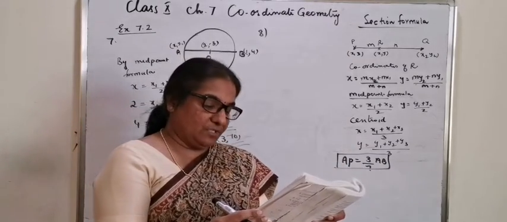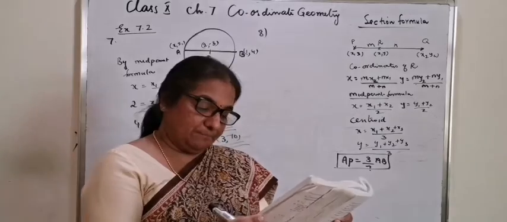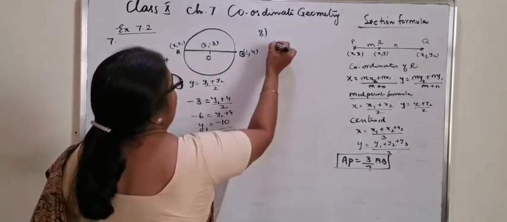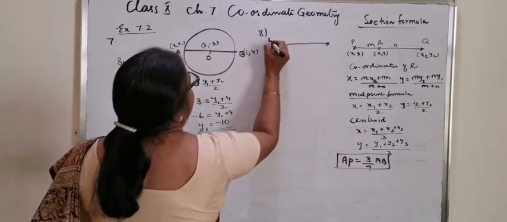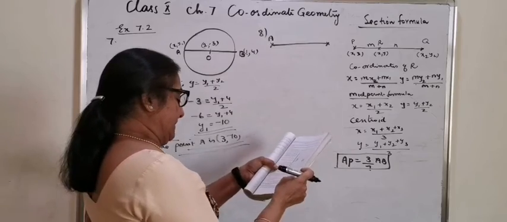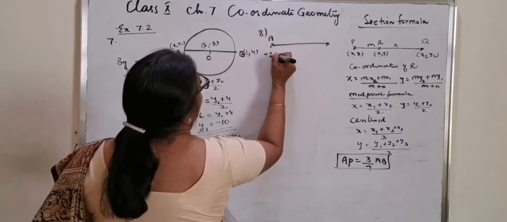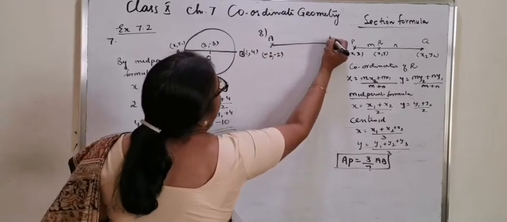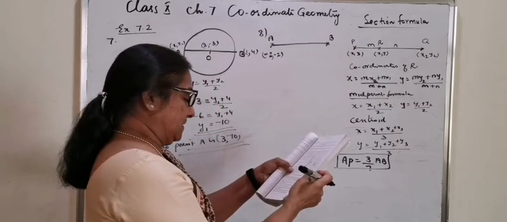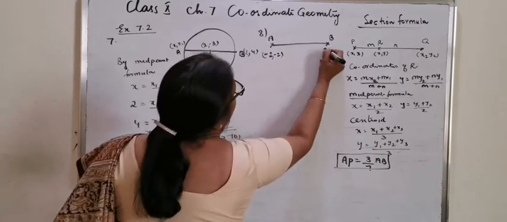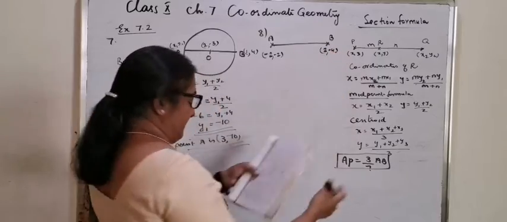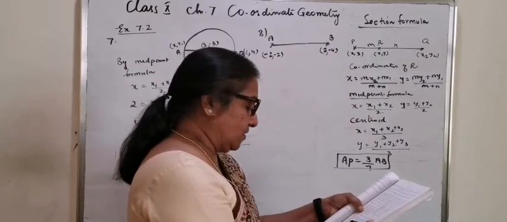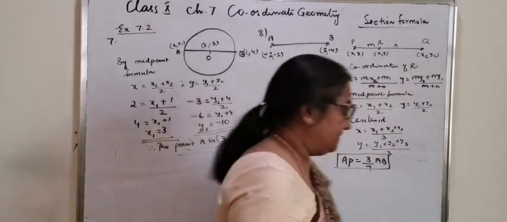You have to find out the coordinates of the point P. Let's plot the point A as (minus 2, 2) and B as (2, minus 4).